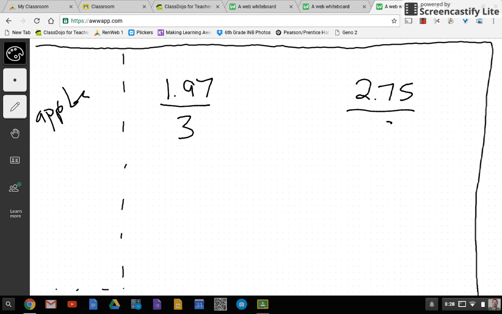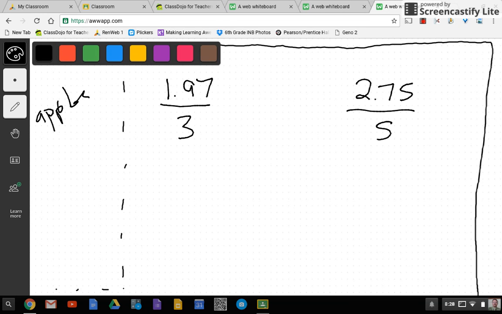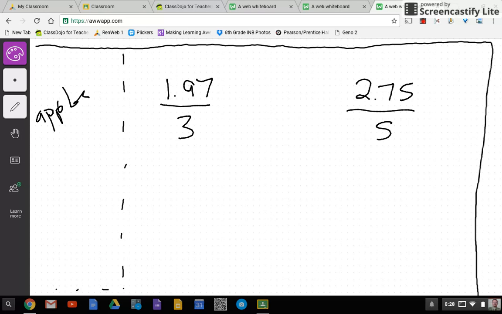Now, there's lots of different ways you could solve this problem. You could even do equivalent fractions and get an answer to this problem, but what we need to do is find the unit rate. So what that is going to involve here is we are actually going to solve the division problem.